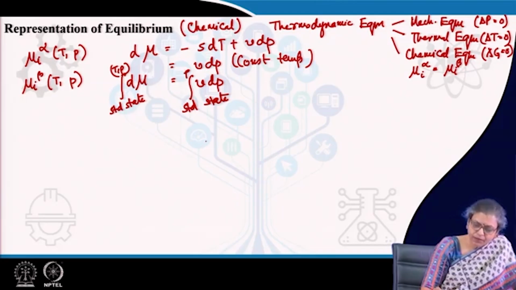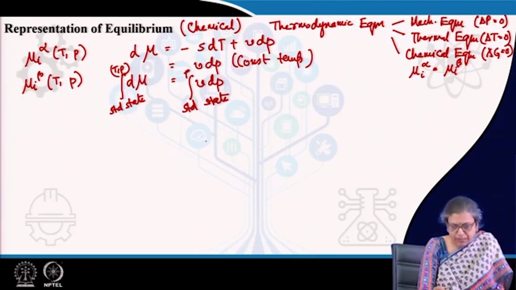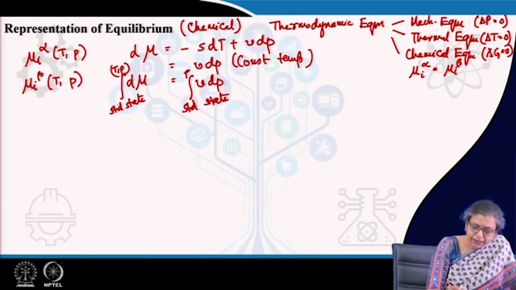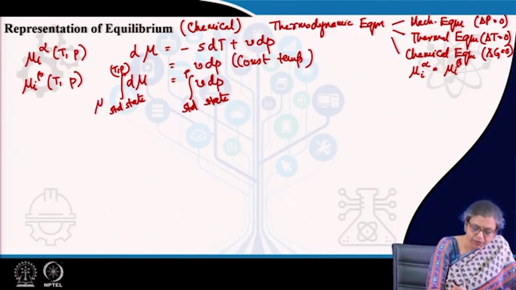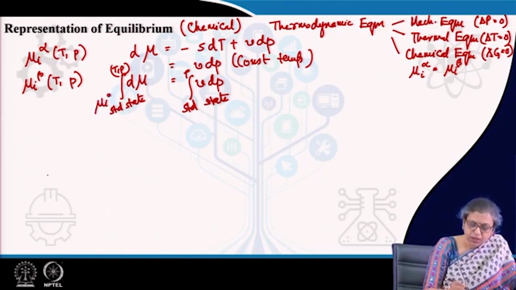Now, the point is that if we have to use this equation and find the mu of component I in the alpha phase or in the beta phase using this relationship, then we need to know mu at some particular standard state, isn't it? We need to know mu, suppose this is mu I 0 and this corresponds to mu.